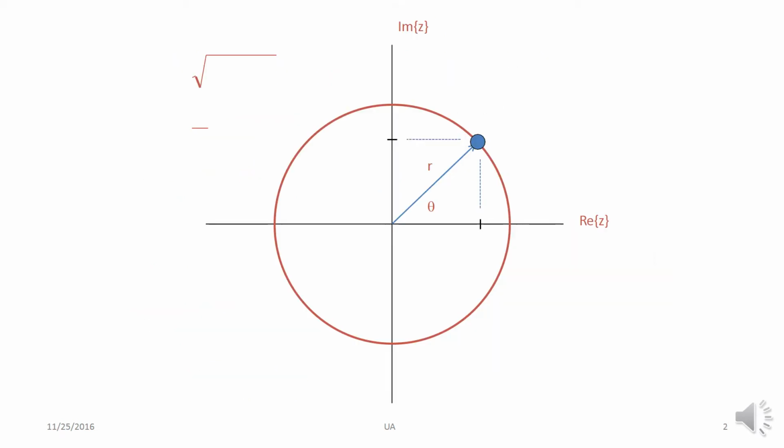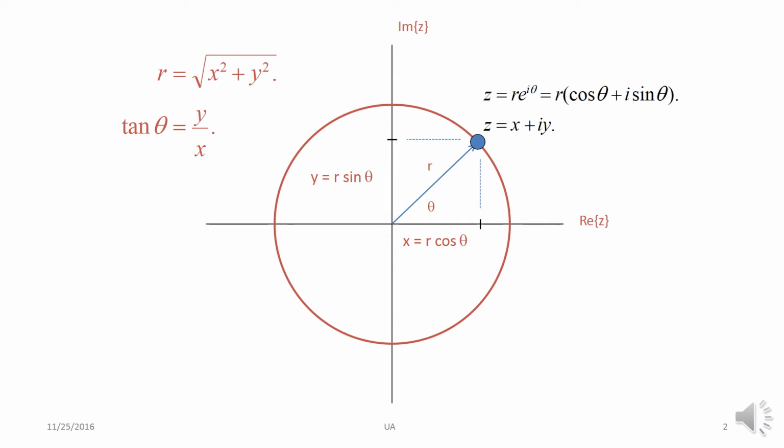So let's see what the polar form is. Here we can see the polar form, and let's see what it is exactly. This is a circle, a unit circle you may say, or it may have some radius. So x = r cos θ and y = r sin θ.